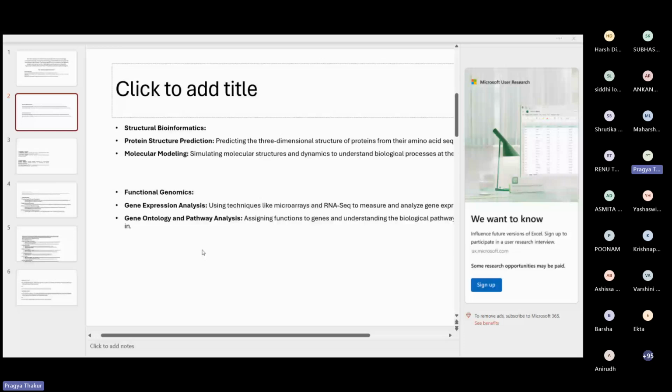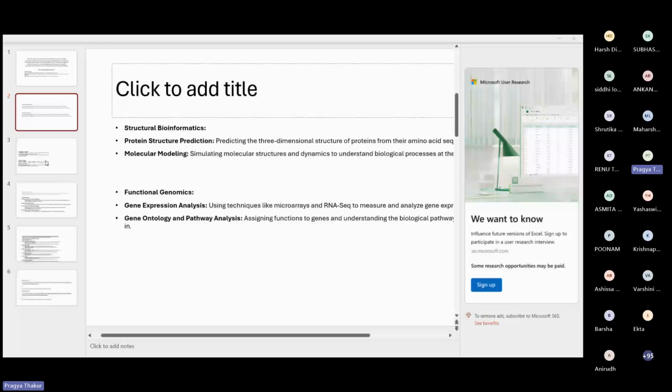Then there is comparative genomics. Under comparative genomics, there are evolutionary studies. Suppose we understand the nature of the genome of one species and we want to compare it with another species. In order to study the evolutionary relationships and compare the history of the two species, we use these evolutionary studies, and it comes under comparative genomics. This is also one of the fields studied under advanced bioinformatics.